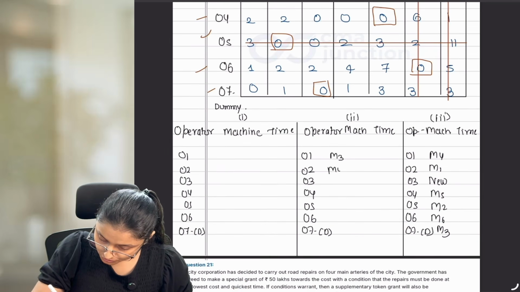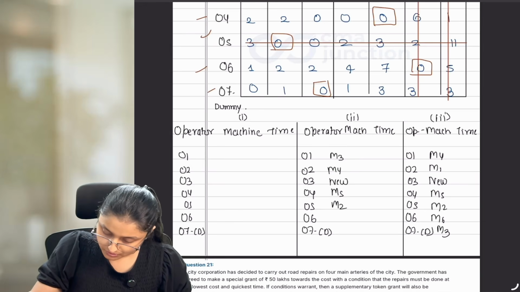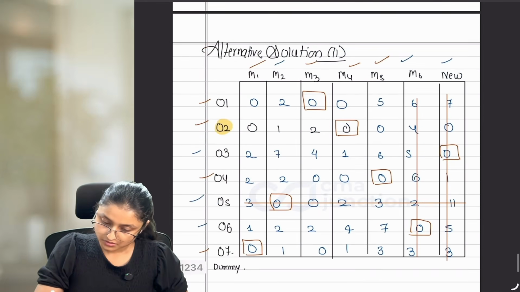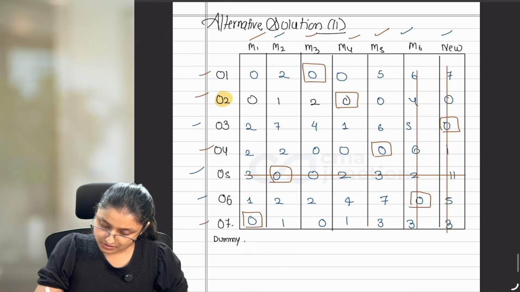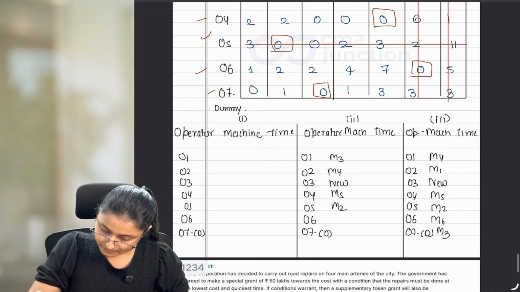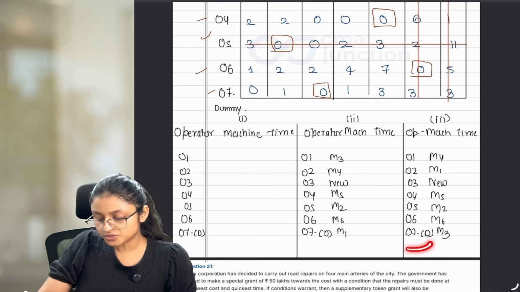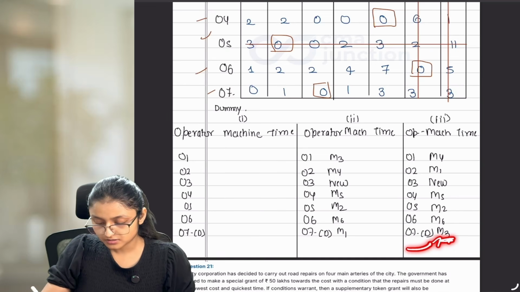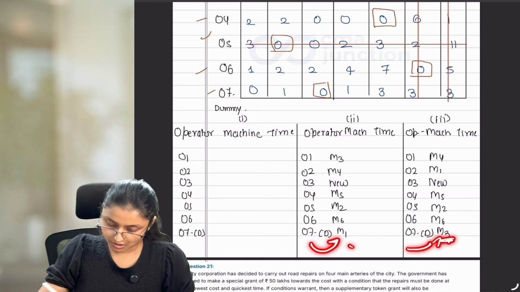M3, M4, new, M5, M2, then M6 and M1. In this option, if you are choosing this option, then remove M3. In this option, remove M1. Okay?